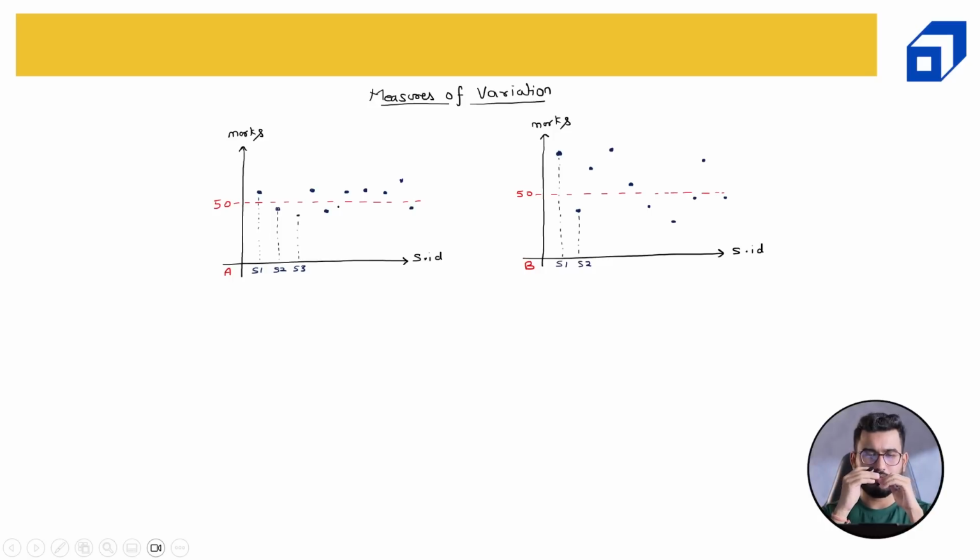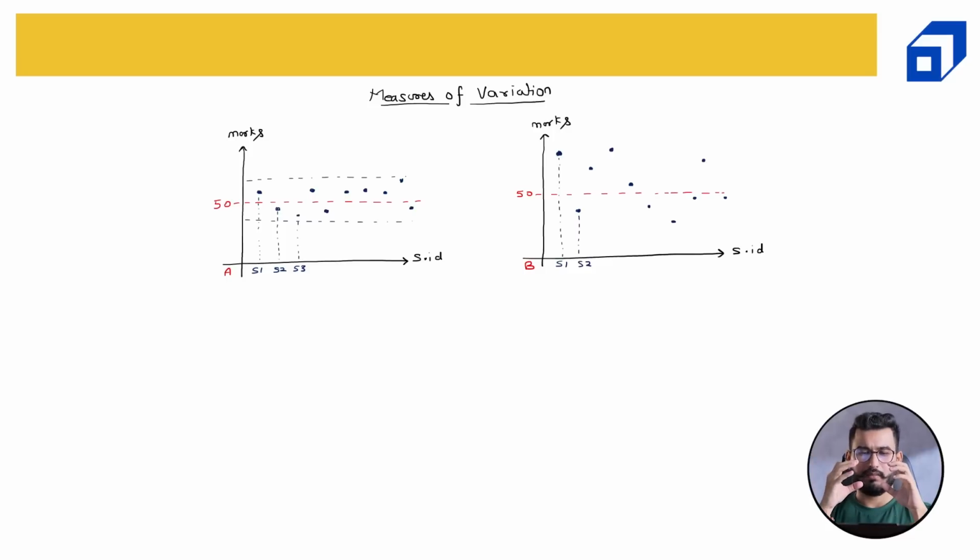Most of the people have scored, let's say if I create a dotted band, most of the students fall within this band. While for subject B, you can see that there is a lot of scatteredness.